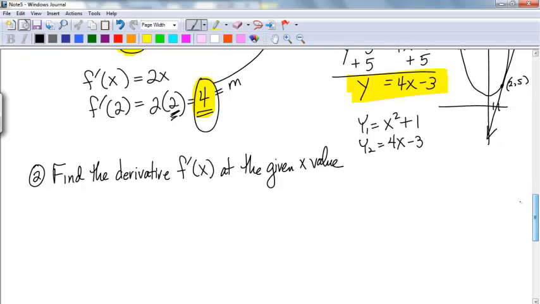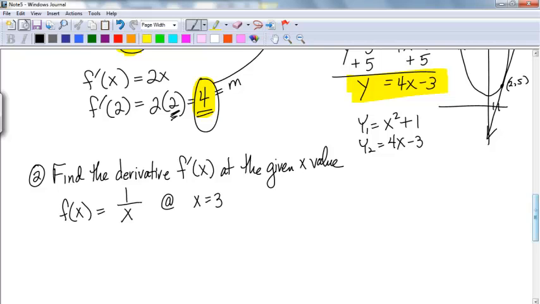On this one, say f of x is 1 over x, and it's at x equals 3. They want you to find f prime.